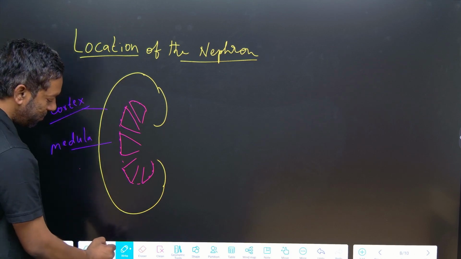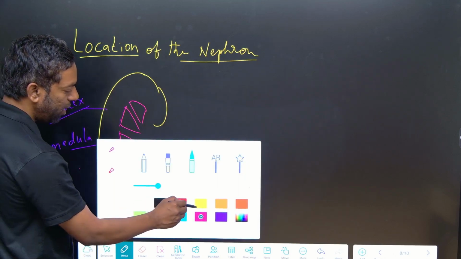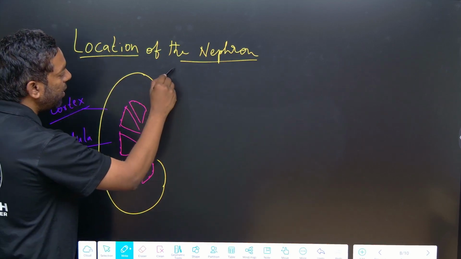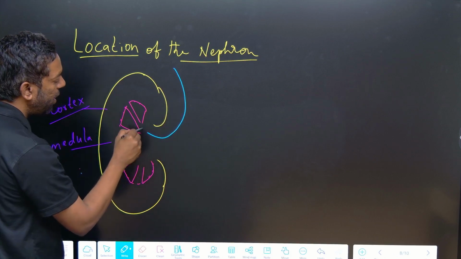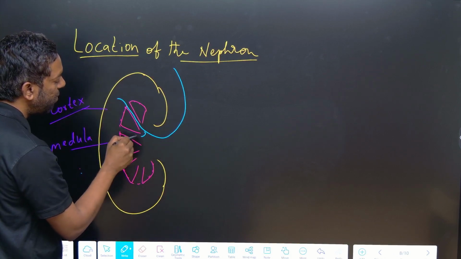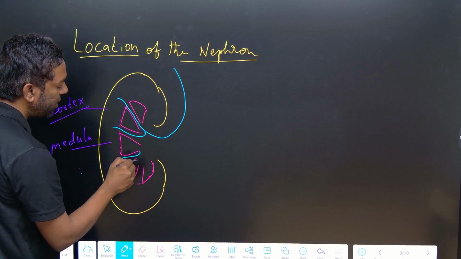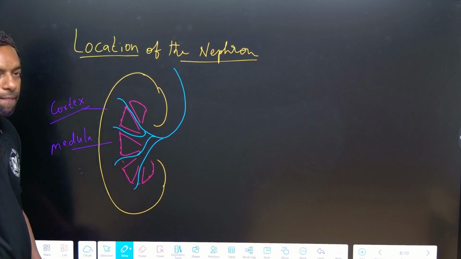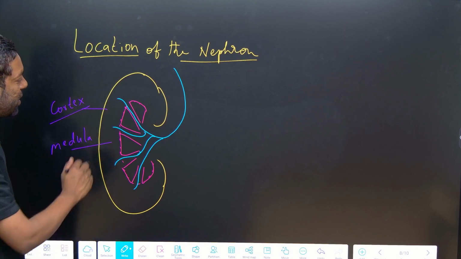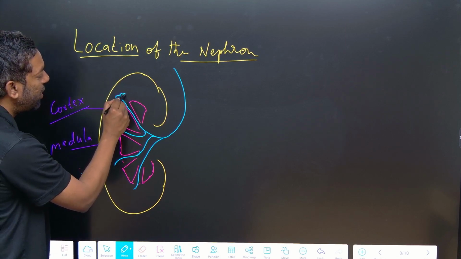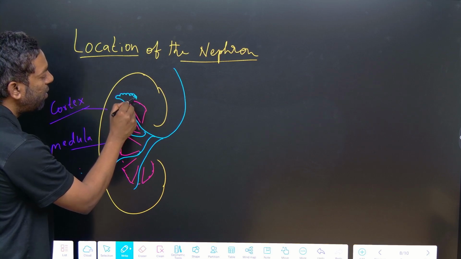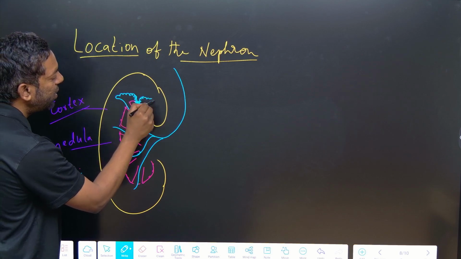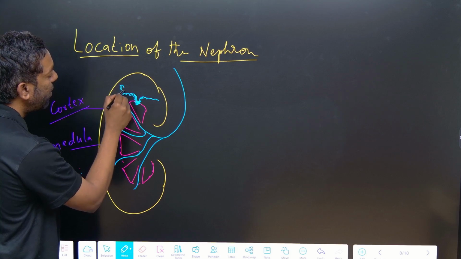The renal artery enters here into the medullary pyramids. It is converted into branches. The renal artery further divides into arterioles and a capillary network, and they exit as the efferent arteriole.